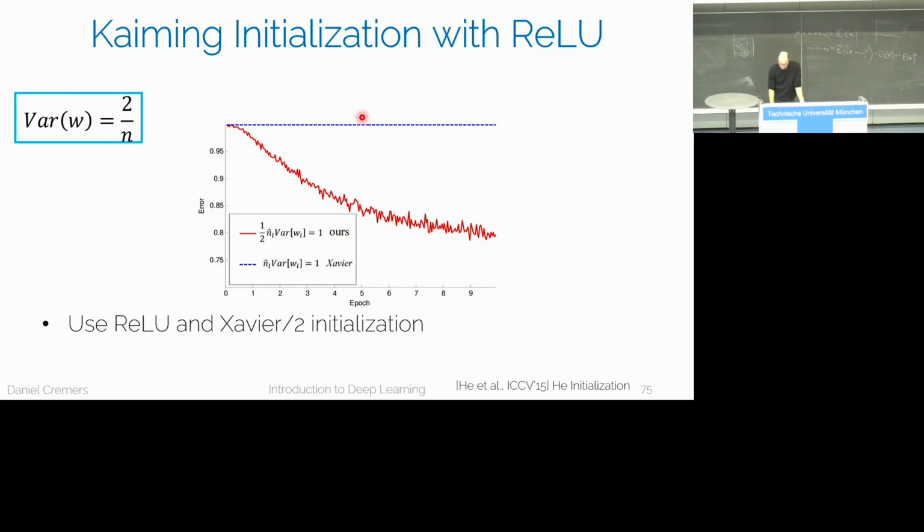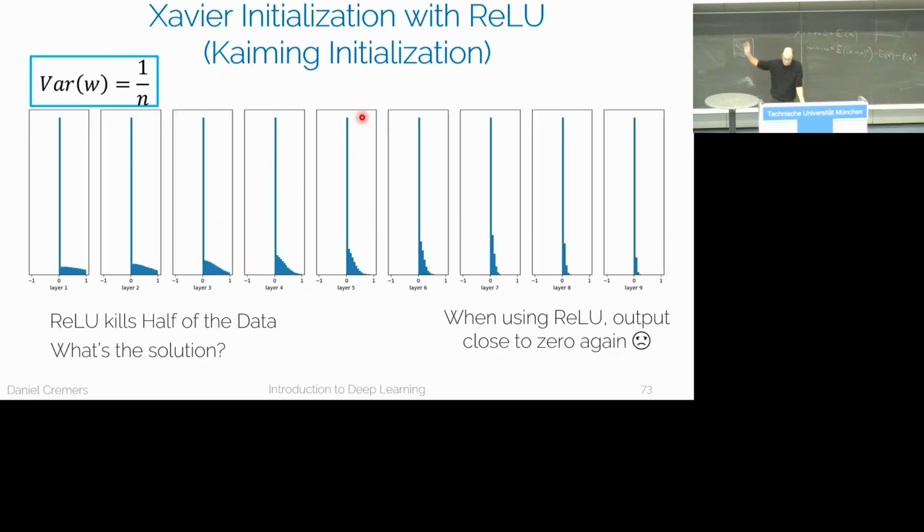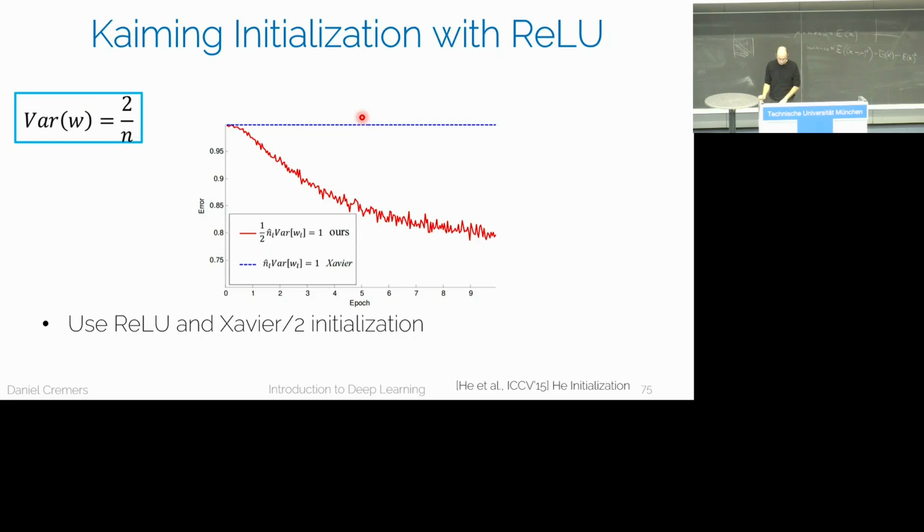So, taking this example where you see the activations collapse to 0 at layer 10, they're essentially all around 0. And if you have more layers, like 100 layers, this will become even more dramatic. And he shows that if you instead use the Kaiming variance, then you get a nice learning curve. The network actually learns something.